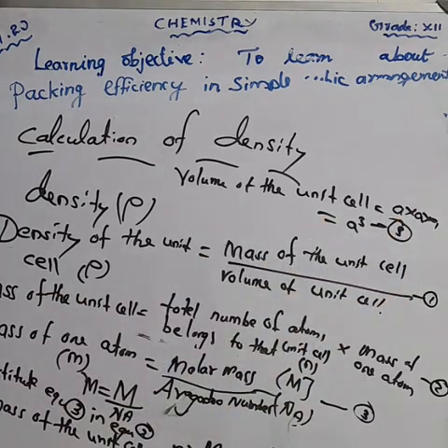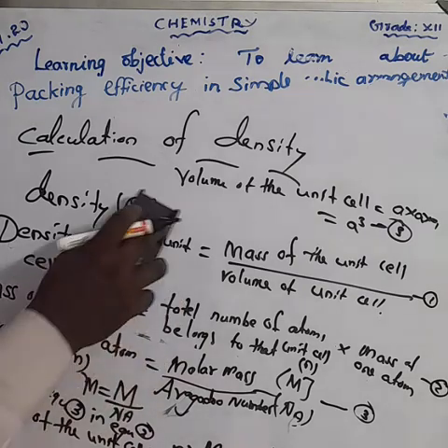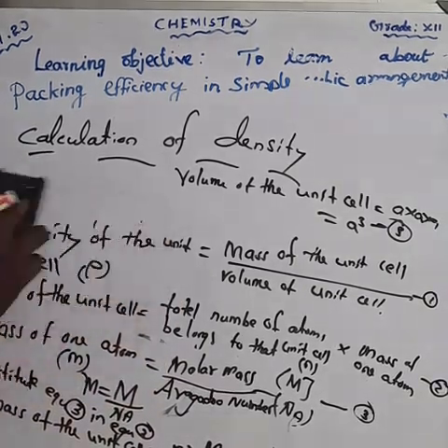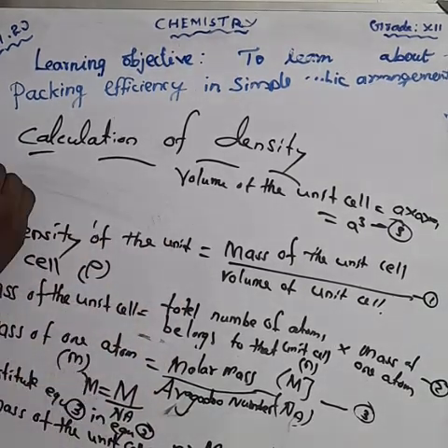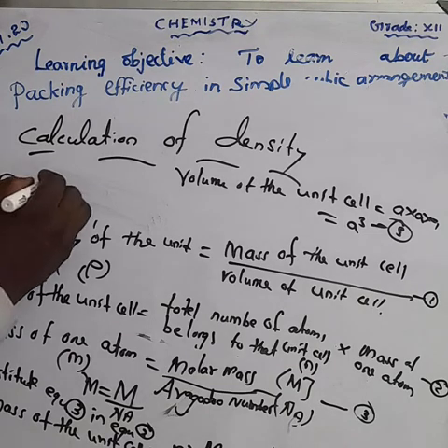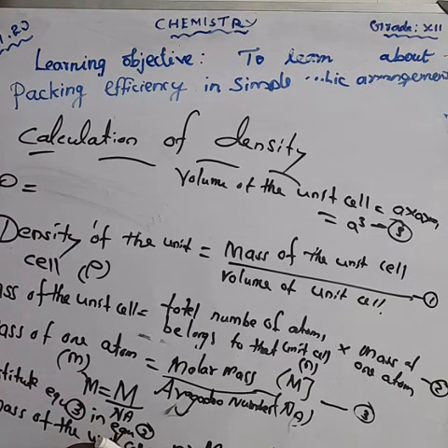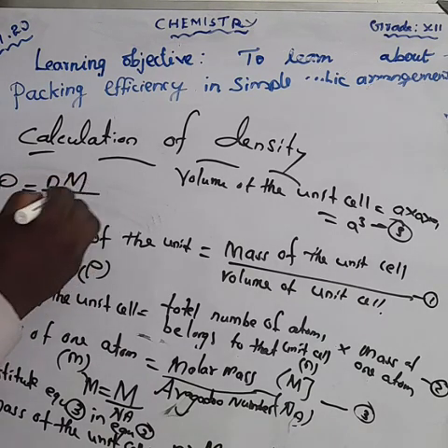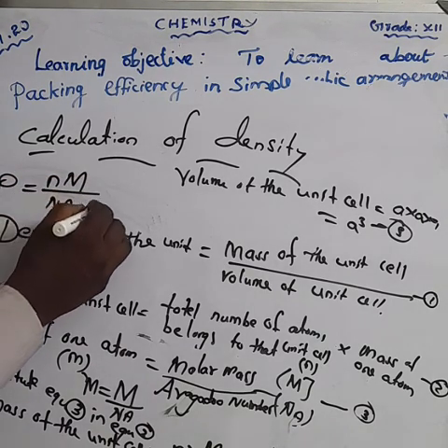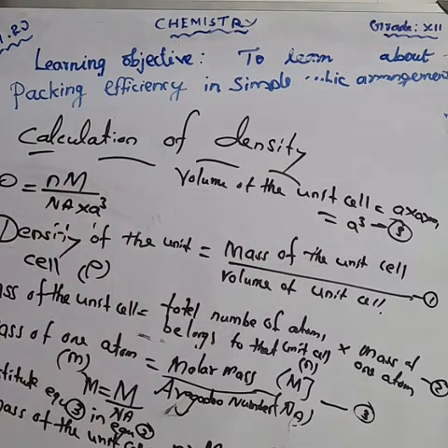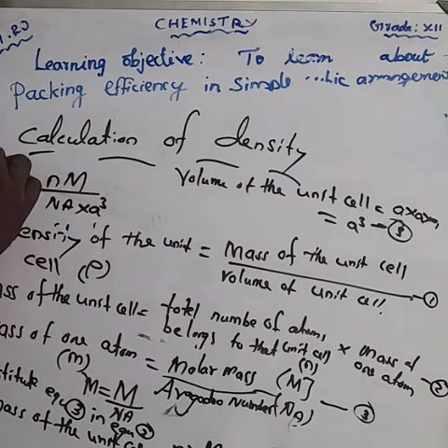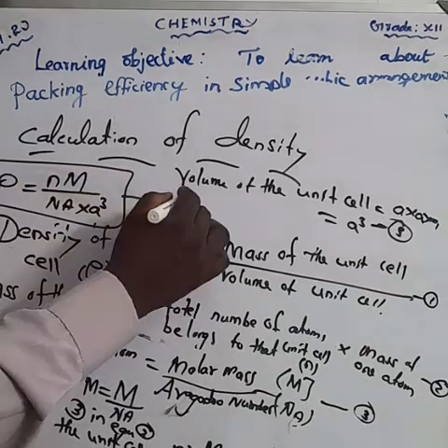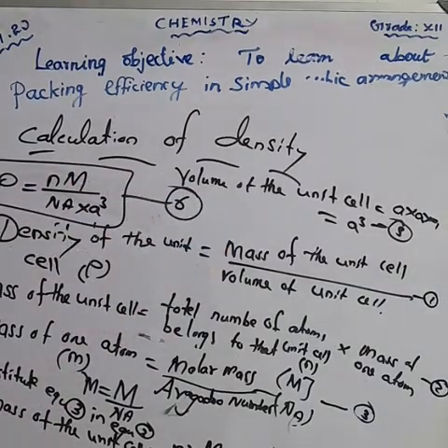So the density of the unit cell rho can be written as rho is equal to n into M divided by Na into a cube. This is equation number 6.